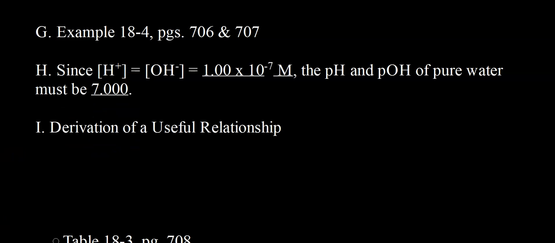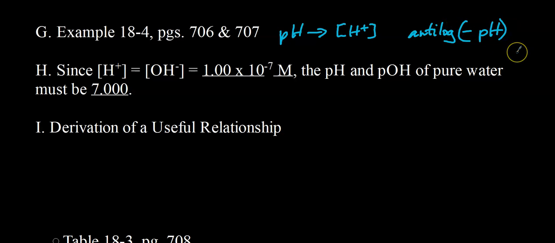All right, 18.4 on page 706. Take a look there. It says the pH of a solution is 3.301. What is the concentration of H3O plus? So we're going backwards. To go from pH to H plus concentration, we're going to take the anti-log, that's the 10 to the x, anti-log of the negative pH.